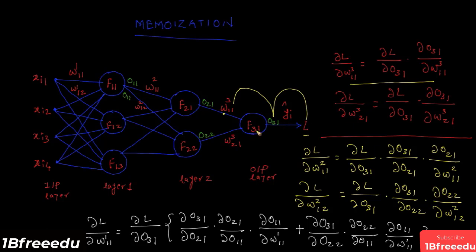Similarly, the formula for computing the derivative of loss with respect to this weight I wrote here. Because I want to update this weight, I'll need this derivative at the time of updating it. Similarly, this derivative for updating this weight, and this derivative for updating this weight.